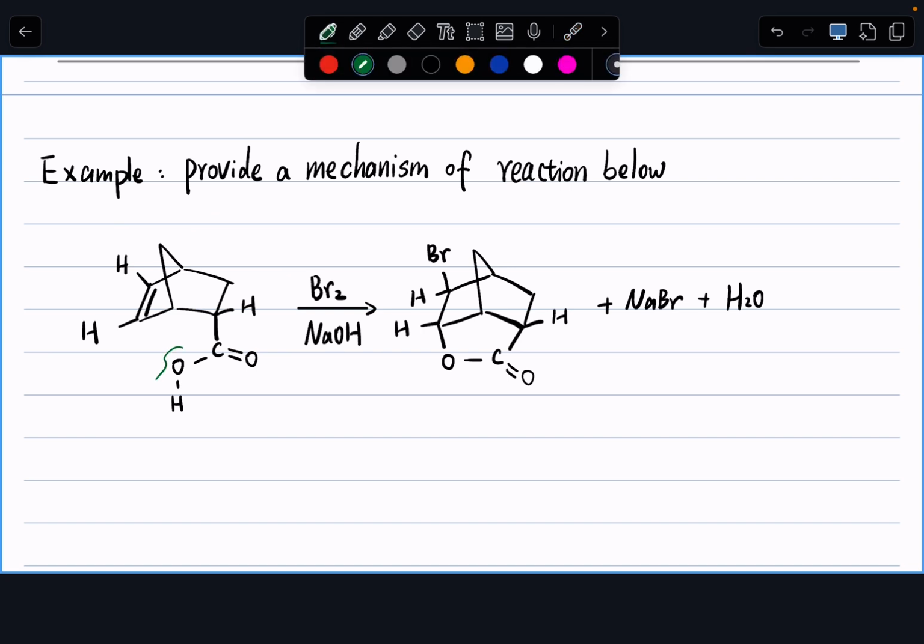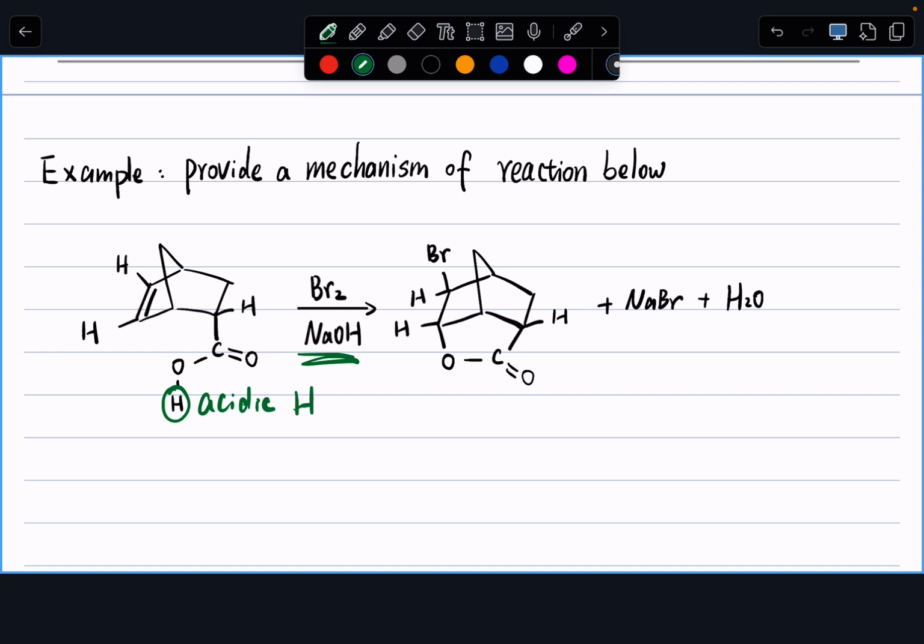First piece, this is a carboxylic acid, or we have a very acidic hydrogen, right? So that's a hydrogen attached to an electronegative oxygen, which is also delocalized over resonance. So the hydrogen I selected is very acidic. What does it mean? It means in my reaction condition, I have NaOH.